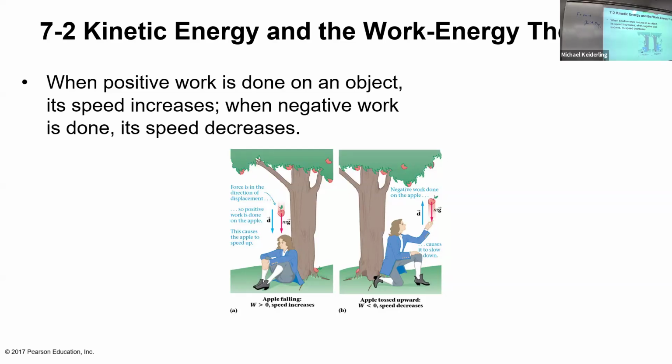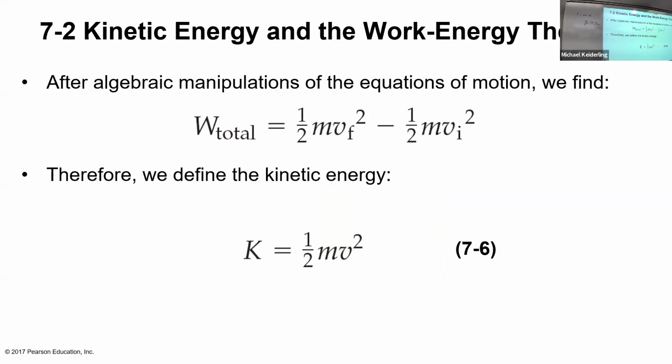So as an apple is falling, the work is positive, the speed increases. If you toss an apple upwards, the work is negative because the displacement is opposite the force. So the speed decreases. Turns out we can relate this.